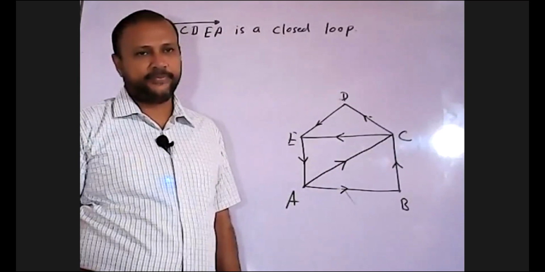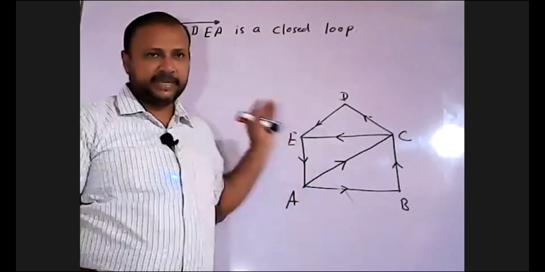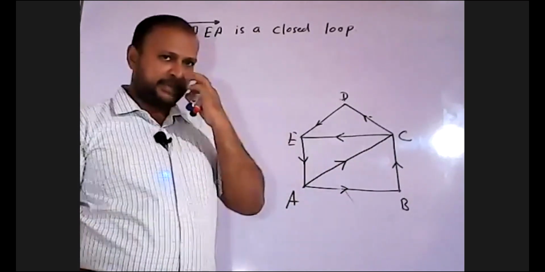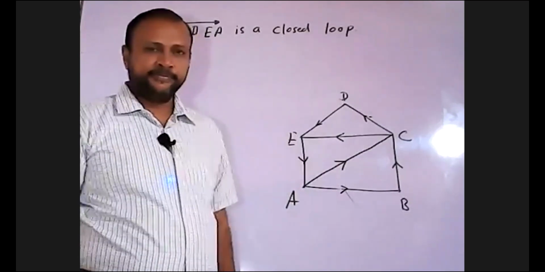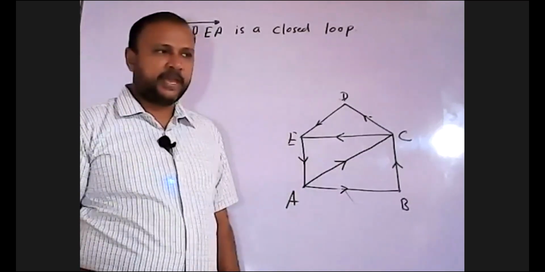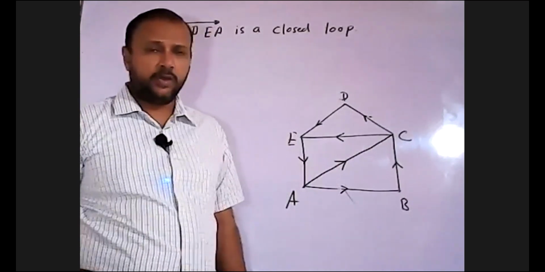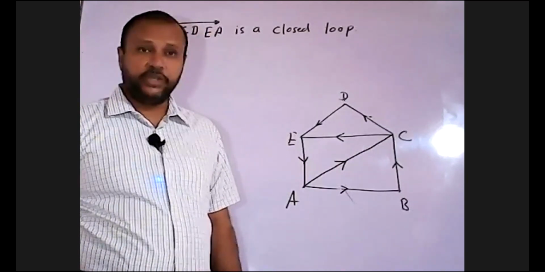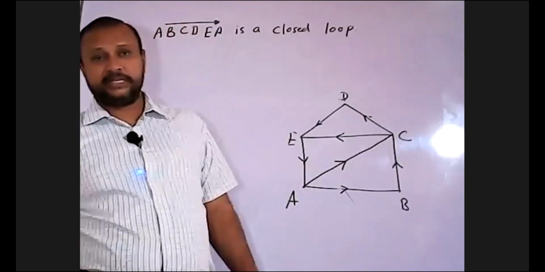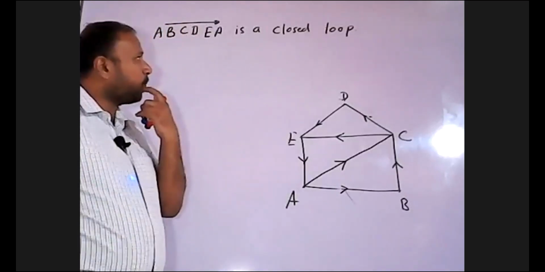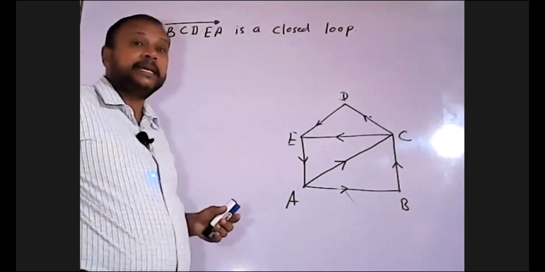Okay. The second part: apply vector polygon and/or vector triangle laws to reduce the remaining vectors into a single vector.